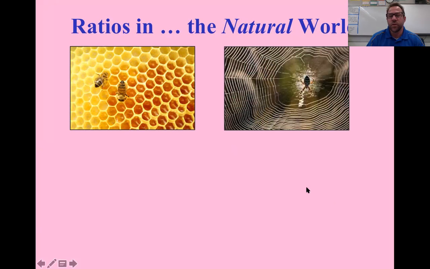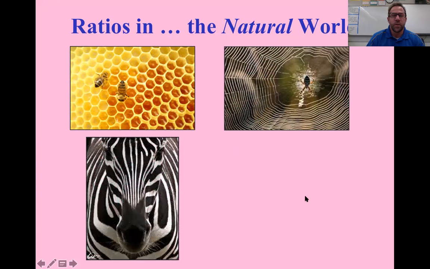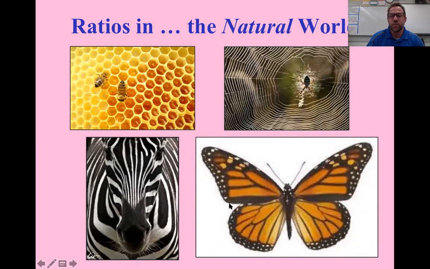And then here's just some other ratios. I'm not sure if the zebra follows that design, but you can definitely see that there are patterns here and what we call symmetry. The left side matches the right side. There's definitely some symmetry and some ratios there.